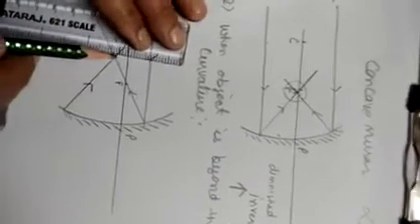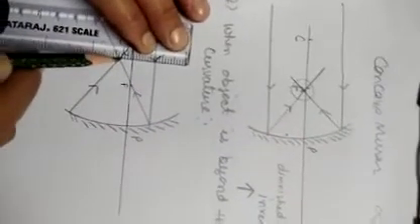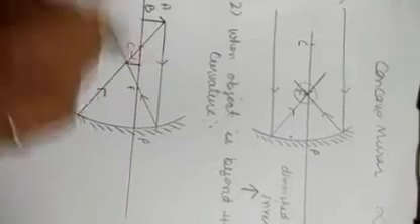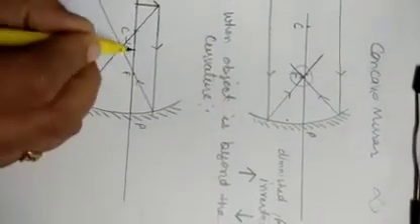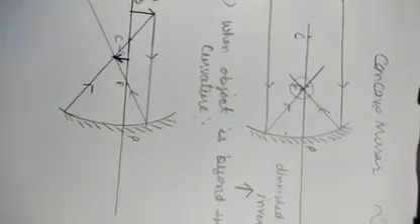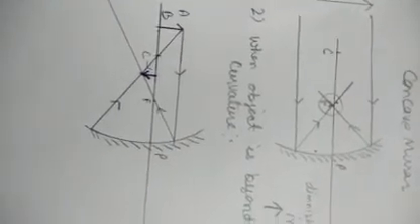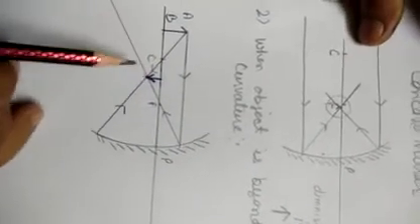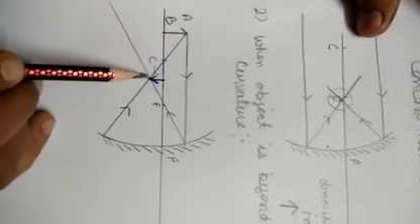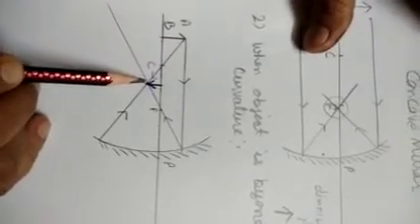So this point lies between the center of curvature and focus point. This is the point. So here the image is formed between center of curvature and F.